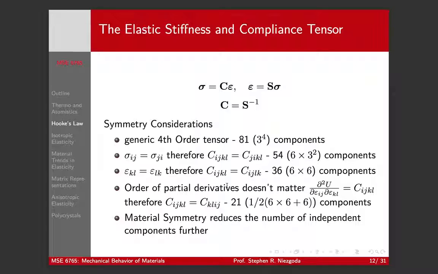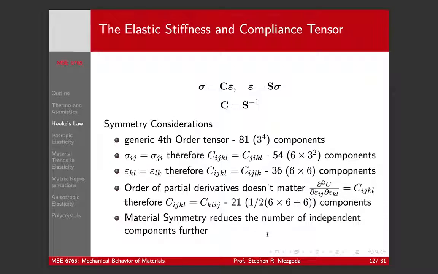So that means if we had an arbitrary material with no crystal symmetry whatsoever, we would need 21 terms to describe our elasticity.